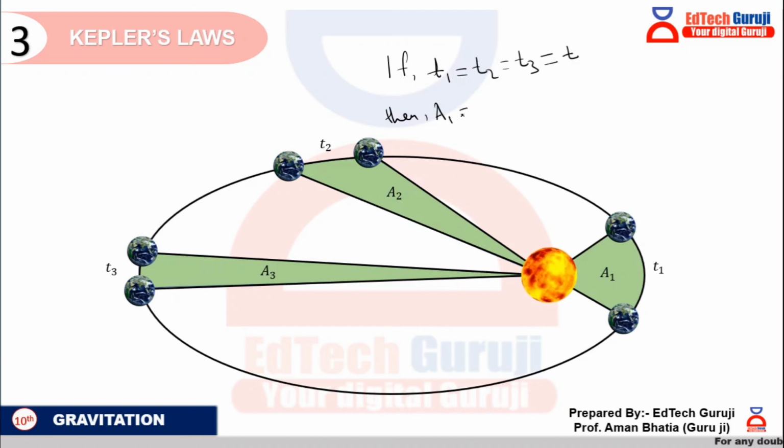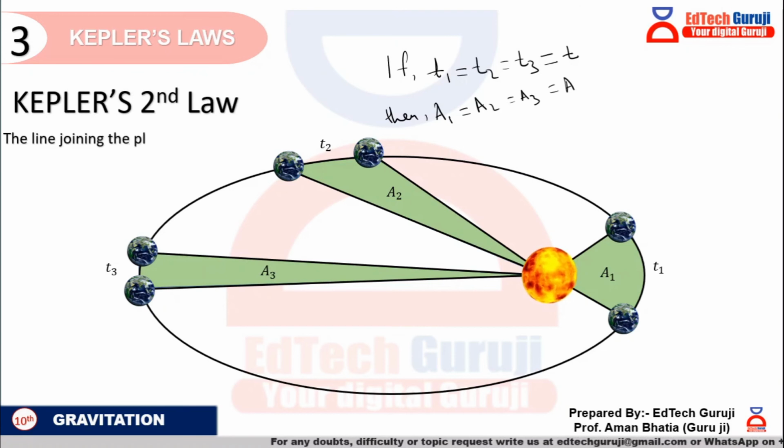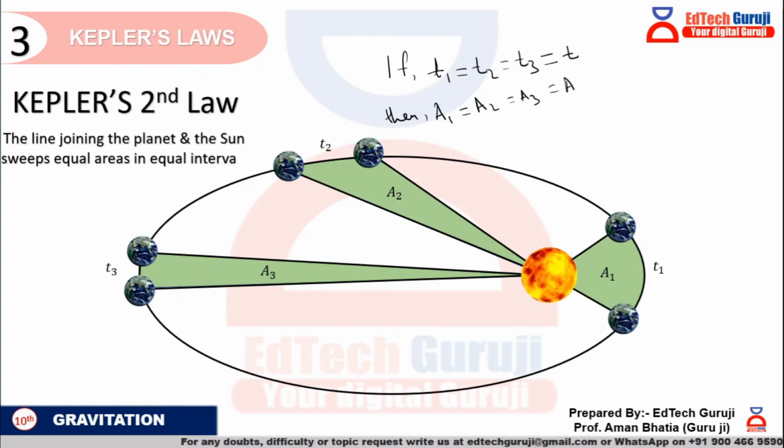That means A1 will be equal to A2 will be equal to A3 will be equal to A in that case. So this is Kepler's second law. Kepler's second law states that the line joining the planet and the sun sweeps equal areas in equal intervals of time. So if t1 is equal to t2 is equal to t3, then the area A1 will be equal to A2 will be equal to A3. So I hope the second law given by Kepler is also very, very clear to us.